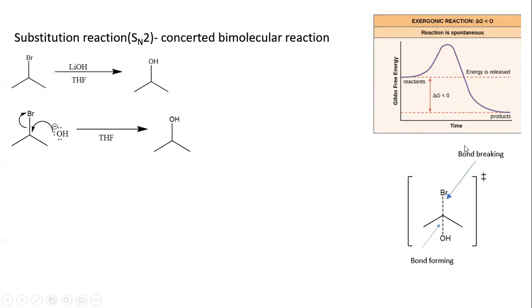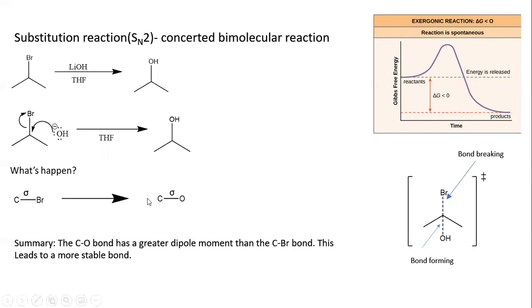Now what happens here at the transition state is we're breaking a carbon bromine bond, which is basically nonpolar, and we're forming a carbon-oxygen bond, which is polar. So this carbon bromine sigma bond is breaking, which is nonpolar, and we're forming a carbon oxygen sigma bond, which is polar. Therefore, since there's a greater polarity or greater dipole moment in the carbon oxygen bond, it makes it a more stable bond.